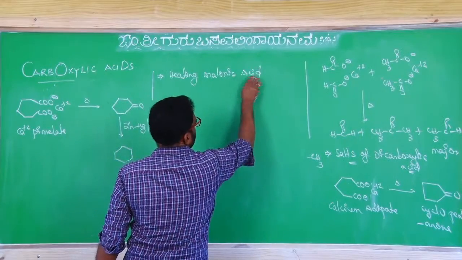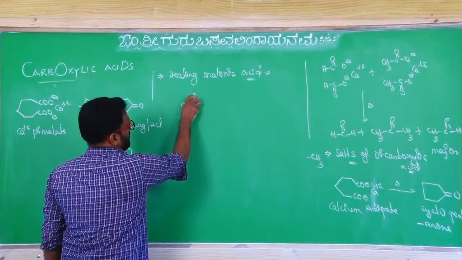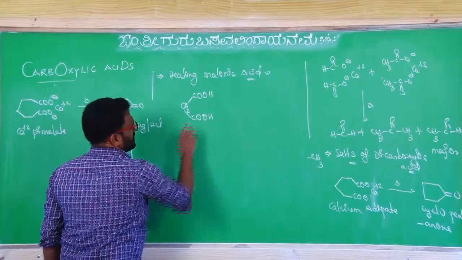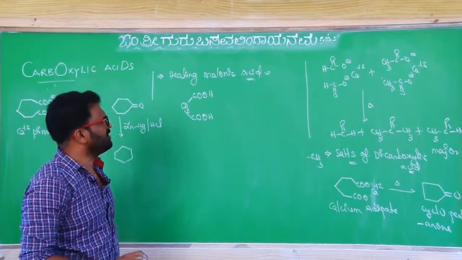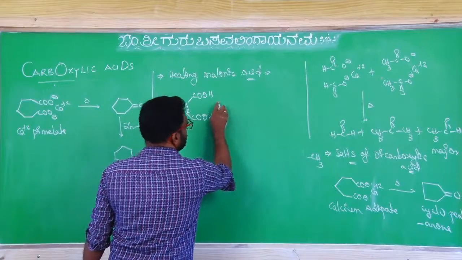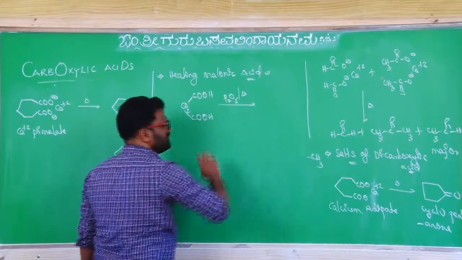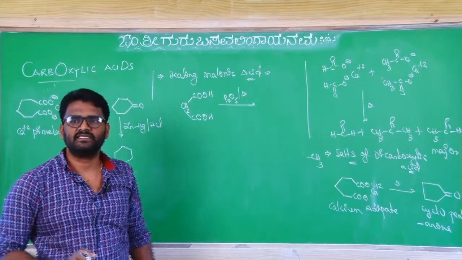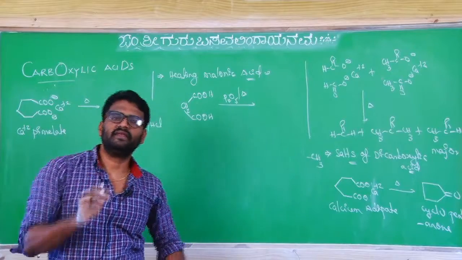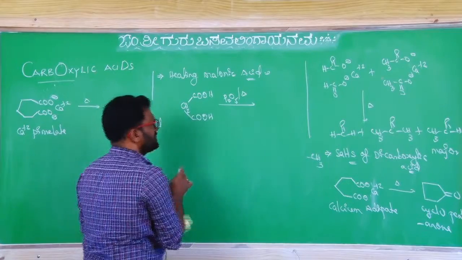Malonic acid is a dicarboxylic acid, with CH2 in between two COOH groups. So there are two possibilities. If you heat with phosphorus pentoxide, which is a very good dehydrating agent, it is not a decarboxylating agent, it is a dehydrating agent. So when you treat it with phosphorus pentoxide, dehydration will take place.